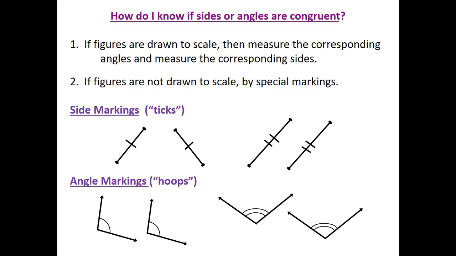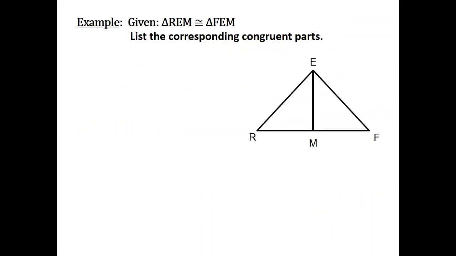Also, we can put angle markings, and we can make them double if we have more than one angle and want to denote that those angles are equal in measure. So we can use angle markings to say that they are congruent.